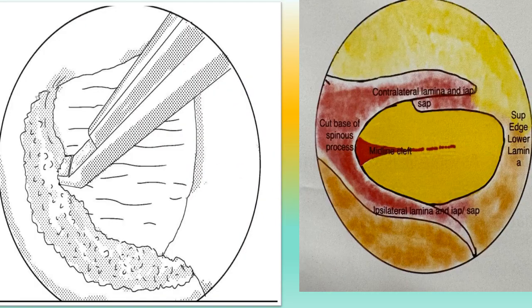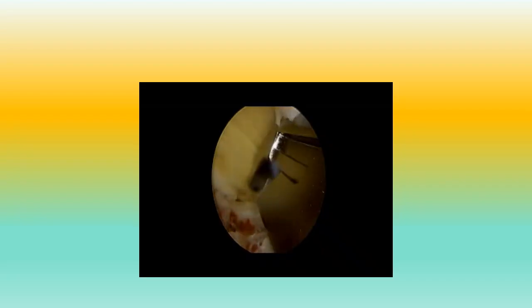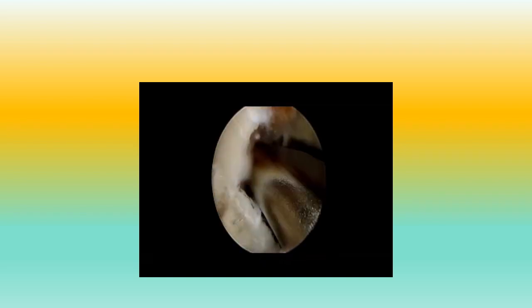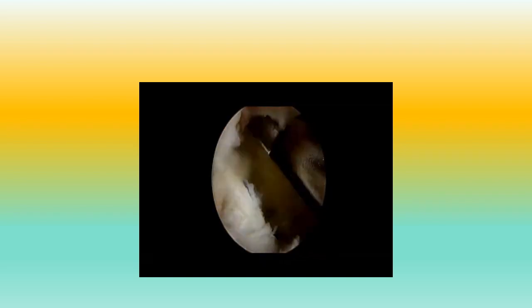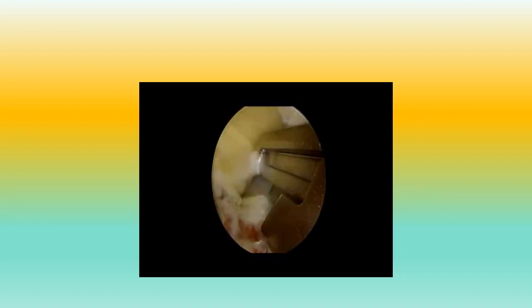Now we remove this Kerrison like this. Enable all the anterior cortex to clear the ligament anatomy.